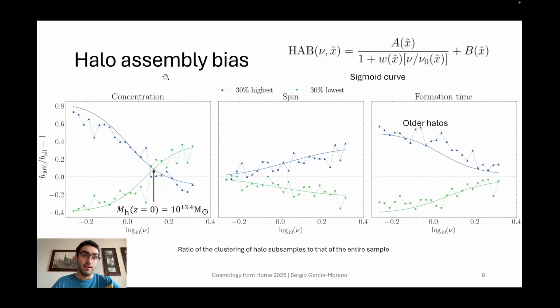And to measure this halo assembly bias, we will compute the ratio of the clustering of halo subsamples, namely with 30% of the halos with highest and lowest values of concentration, spin, and formation time, and take the ratio of the clustering to that of the entire sample, obtaining these figures where the horizontal axis is the peak height of the halos, which is a variable that combines halo mass and redshift in a single variable.